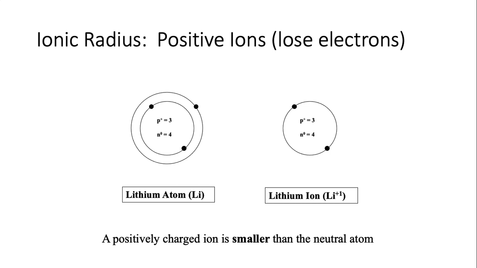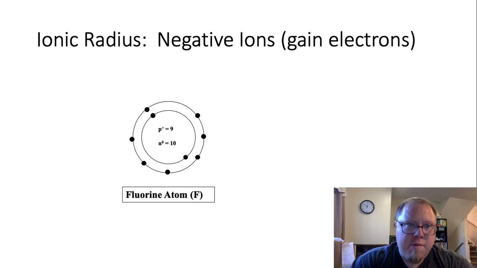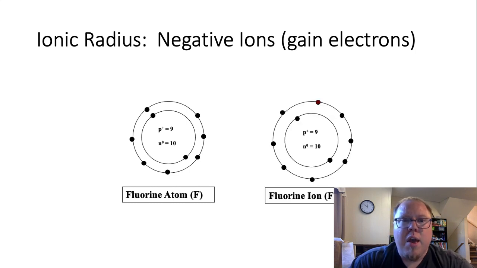Now the exact opposite happens with negative ions. These are the ones that gain electrons. So here's my regular atom, fluorine, and if I add an electron to that, there is now the same number of orbits, 2, but you have an extra electron in that second orbit. And since electrons don't like each other, but I didn't add a proton to the center, there are now more electrons in that second orbit attracted to the same number of protons.